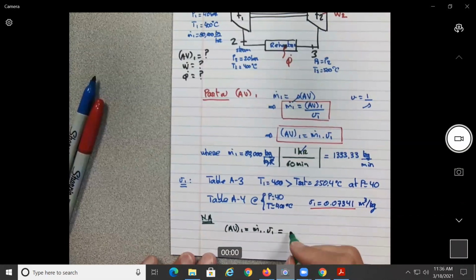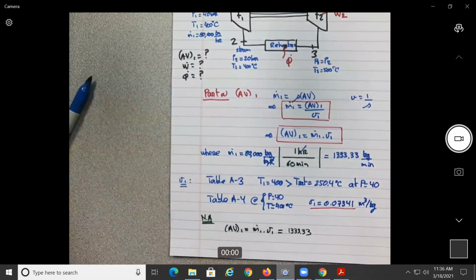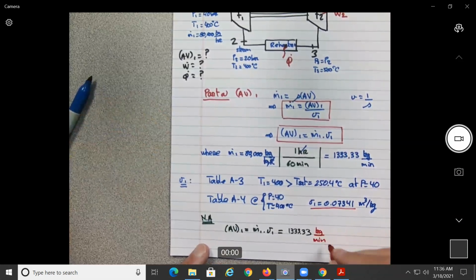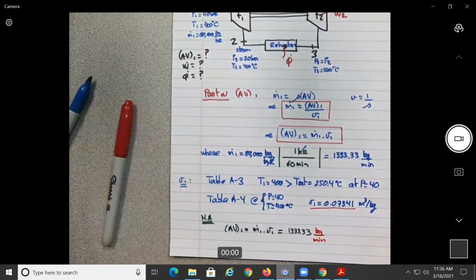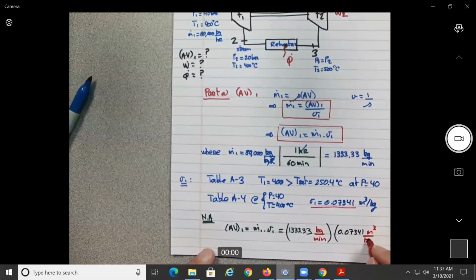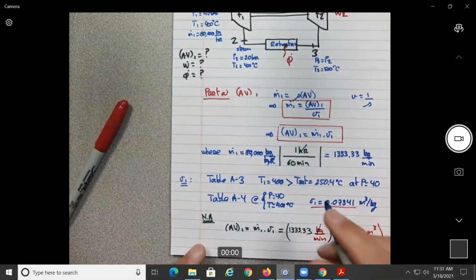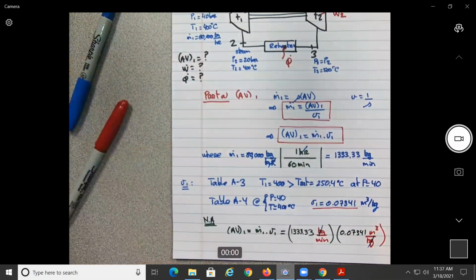Will be equal to what? 1333.33 kilograms per minute times V1, which is 0.07341 cubic meters per kilogram. So you see right away that the kilogram will cancel out, and we're going to get the units that they're asking us.